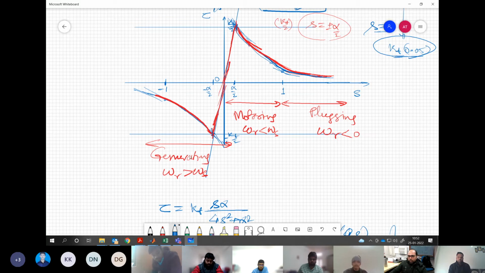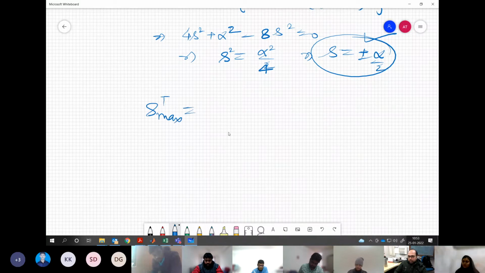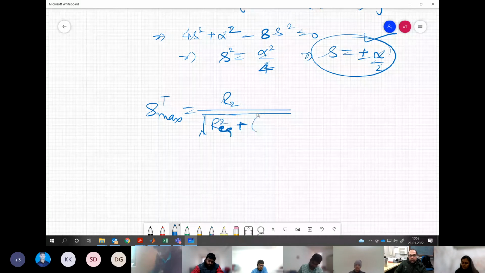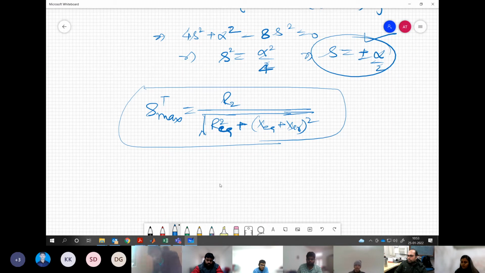Correct? Now, to see the validity of this point, we know that if you go by the elaborate equivalent circuit, Thevenin's equivalent circuit and all that, you will come up with the expression for this s max T, something like this. Isn't it? This is the expression which we know, right? Generally for the maximum slip.